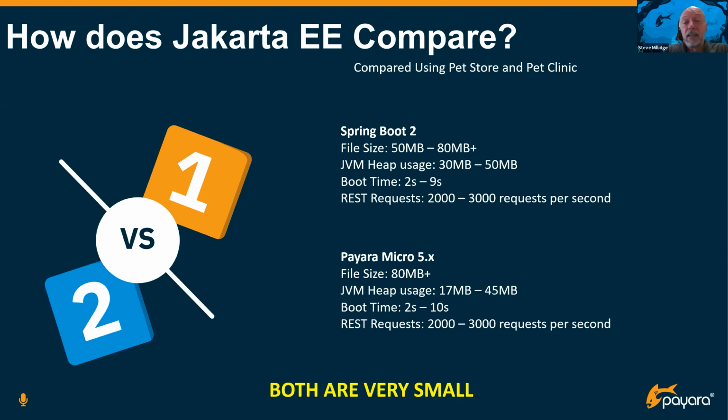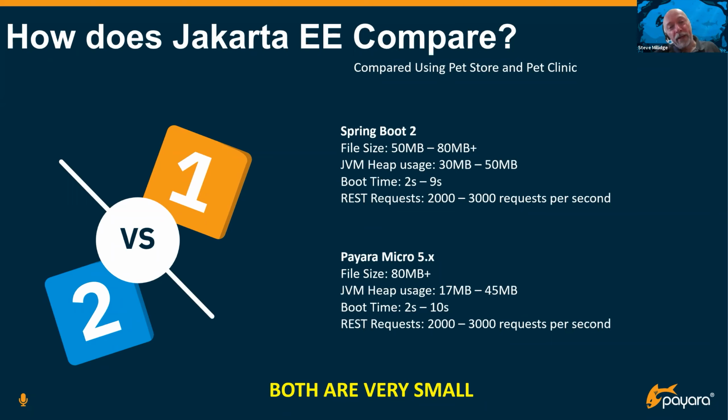And the conclusion is essentially that both runtimes are very small. With Spring Boot, the file size varied, because you can assemble the parts of Spring Boot. You can choose whether you want to add health checks or tracing and things. So depending on what you selected, the file size that we got was between 50 and 80 megabytes.